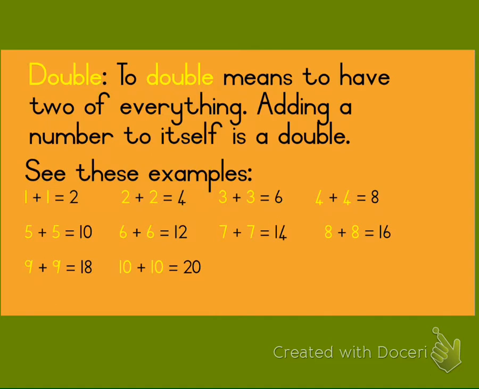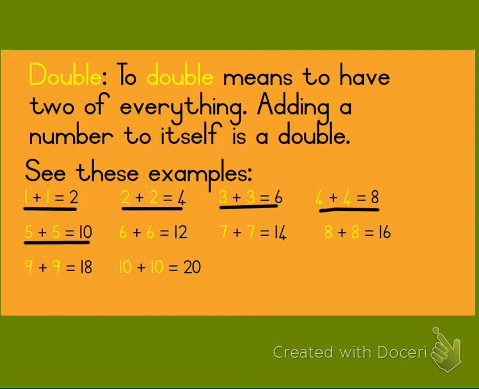The first one at the bottom is 1. If you double 1, it's 1 plus 1 is equal to 2. The one next to it, double 2, 2 plus 2 is equal to 4. 3 plus 3 is equal to 6. 4 plus 4 is equal to 8. 5 plus 5 is equal to 10.